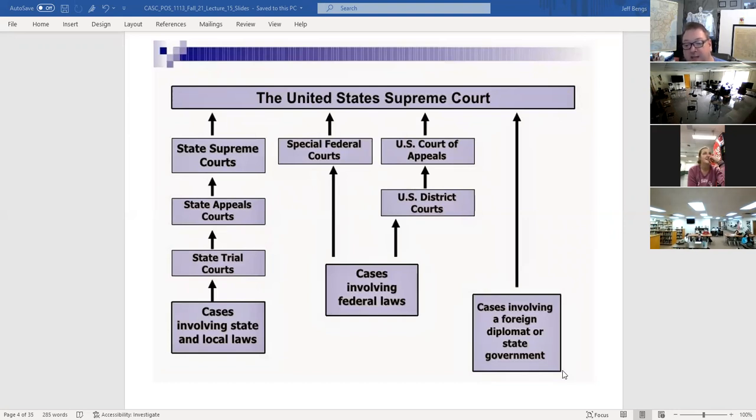And then if you have a case that involves a foreign diplomat or another state government or one of our state governments, like if the state of Texas were to sue the state of California, which could happen, because I think California was thinking about banning people from Texas who worked in the government of Texas because of that Texas abortion bill. If Texas were to sue California, it would go right to the Supreme Court.